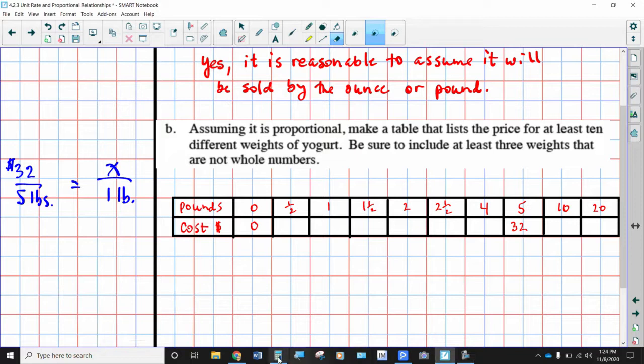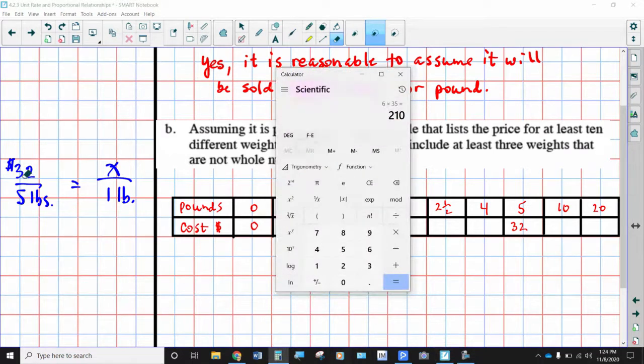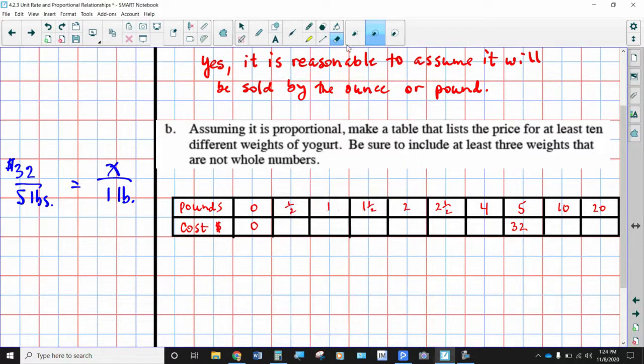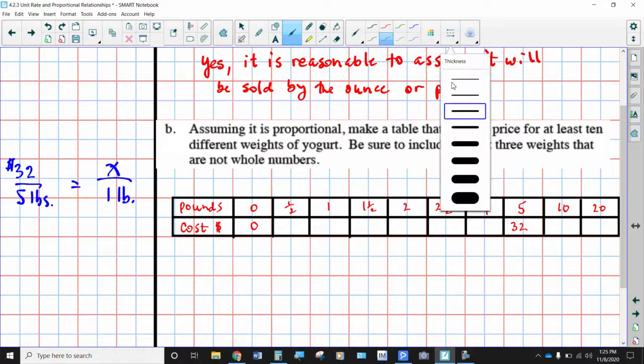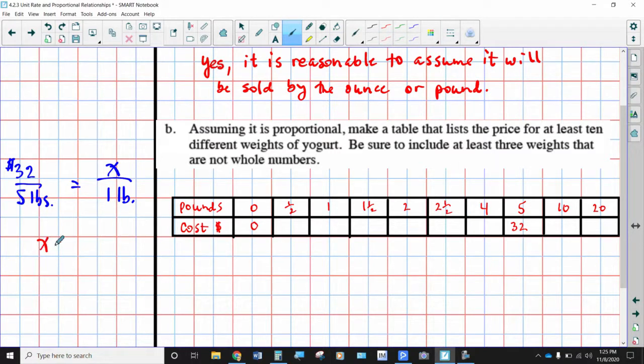Alrighty. So first off, let's figure out what 32 divided by 5 is. 32 divided by 5 is equal to 6.4. Okay. So with that information, we know that X is going to be equal to $6.40 per pound. So that's the unit rate.